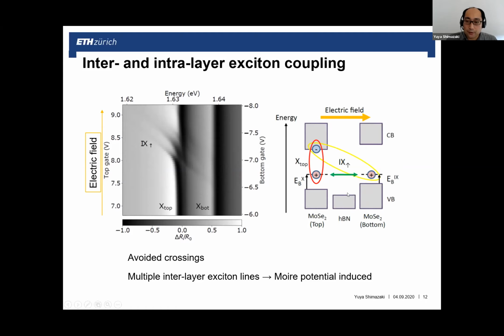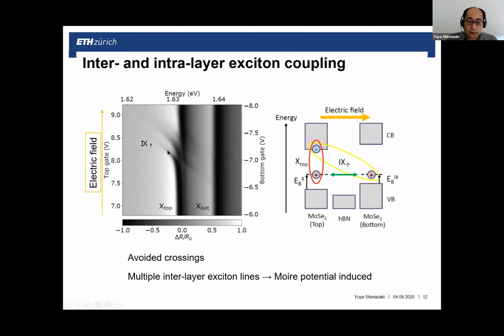And this is reasonable because the valence band edge of the boron nitride is relatively close to the valence band edge of the molybdenum diselenide. In addition to these hybridizations, we also see multiple interlayer exciton lines, 1, 2, 3, for example, here.